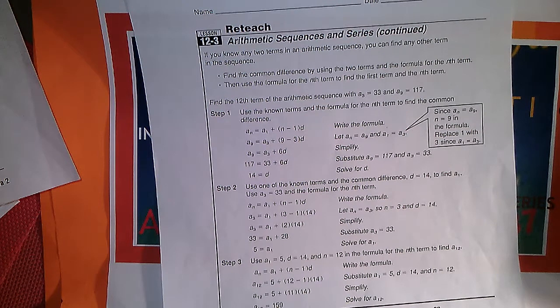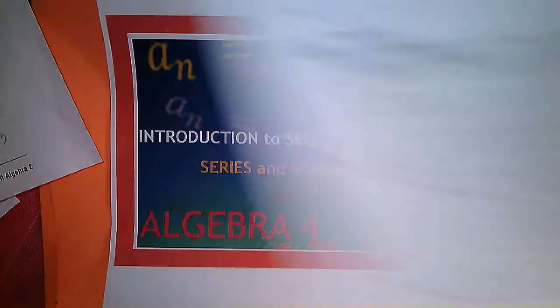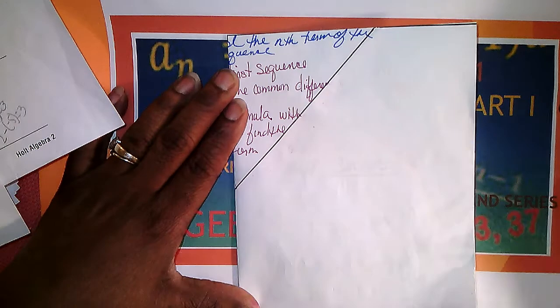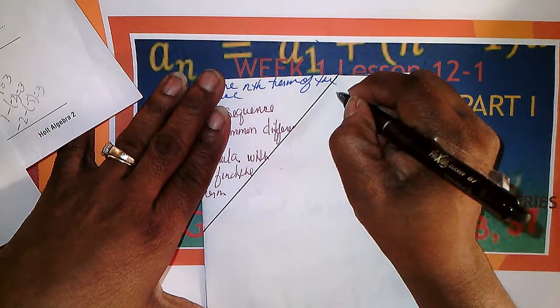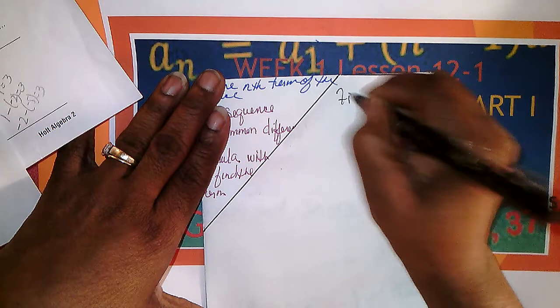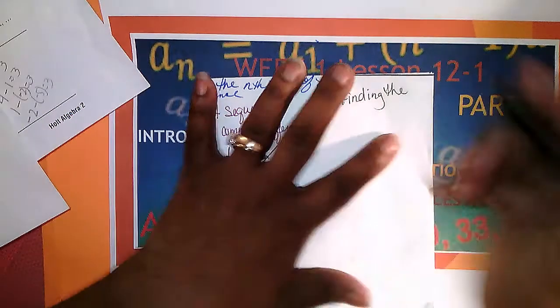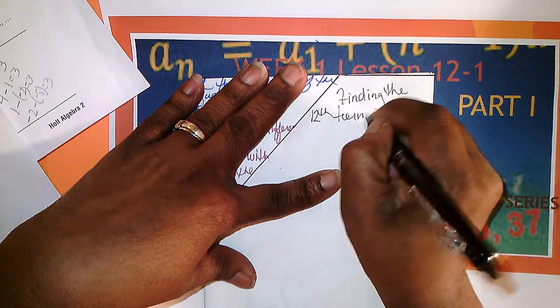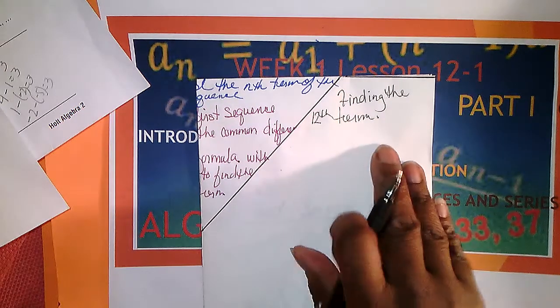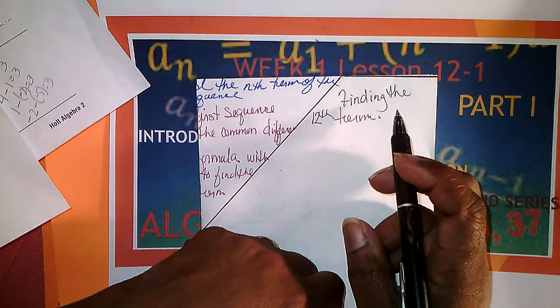So we're looking at page 23, and I'm going to go ahead and do an example for you. We start out finding the 12th term. I gave you guys steps, however, they're providing us with the information that we need.